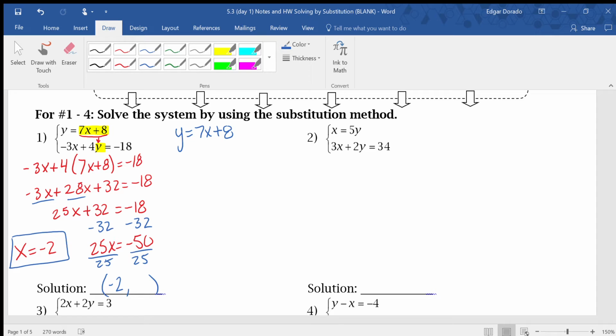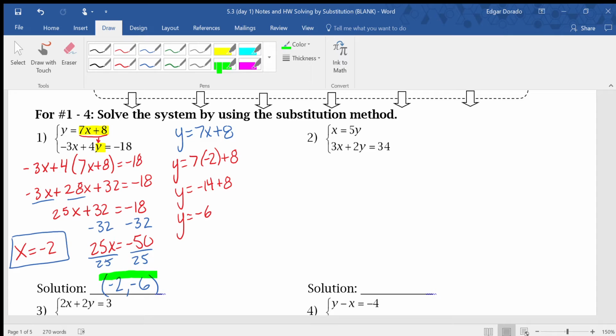But now I know my x, so I'm going to go ahead and write y equals 7 parentheses negative 2, because that's what my x is, plus 8. Well, with a little multiplication here, I get negative 14 plus 8, and that would just give me a negative 6.